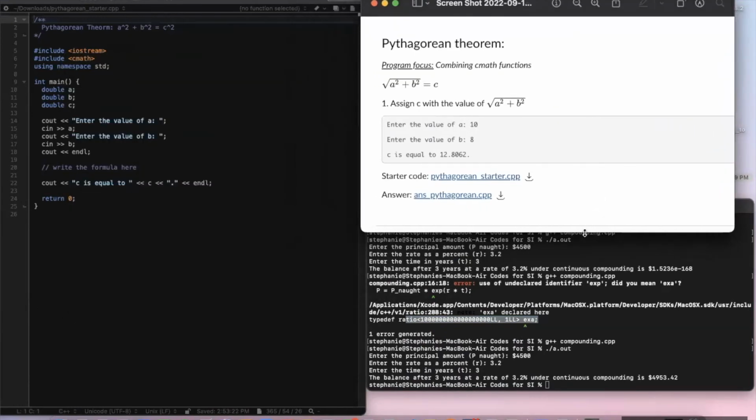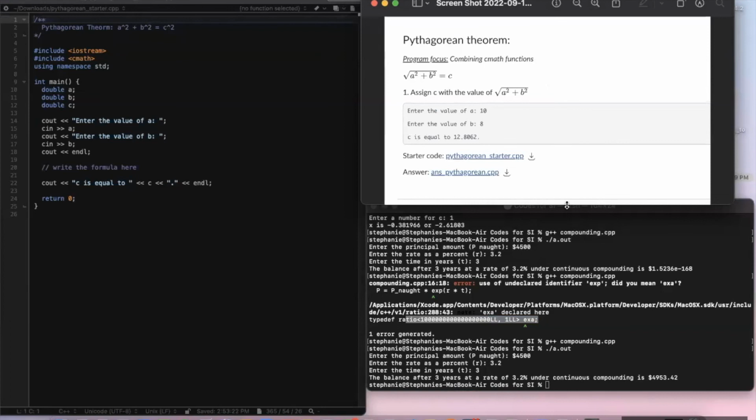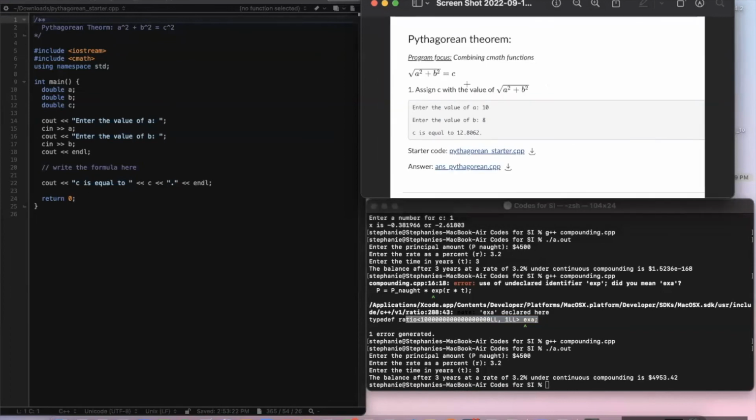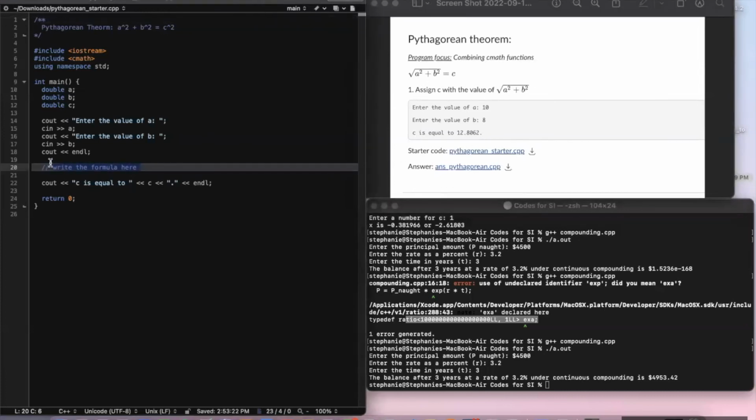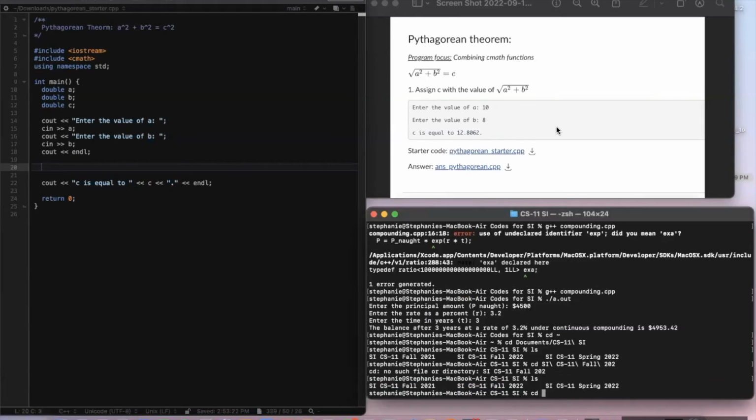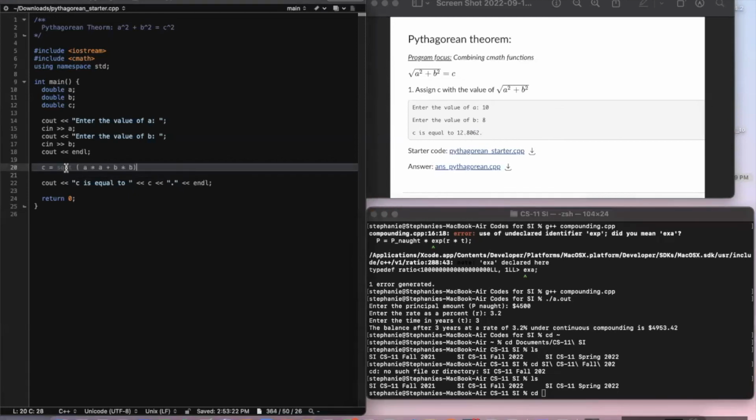So your instructions are using the starter code that I provided to assign C with the value of a squared plus b squared. So we're writing our formula here. How am I going to write it? All right. Yes, that looks great. So we have C is assigned with the value of a times a plus b times b.